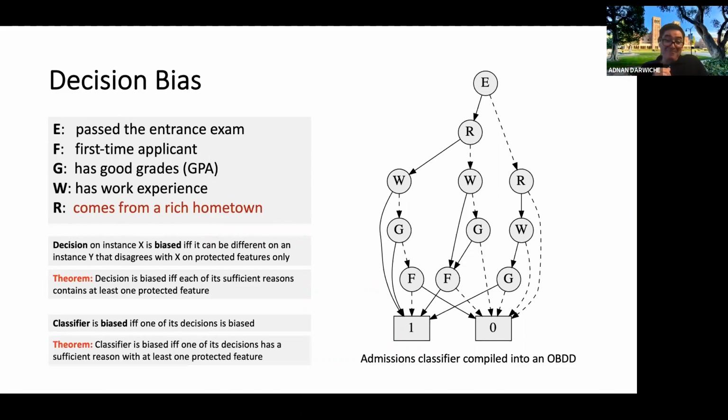If you show me a decision and I examine its sufficient reasons and find that some, not necessarily all, of its sufficient reasons mention protected features, I guarantee you this classifier is biased. The decision may not be biased because the protected feature does not appear in each one of the sufficient reasons, but if it appears in some, I guarantee you there's another decision that would be biased.